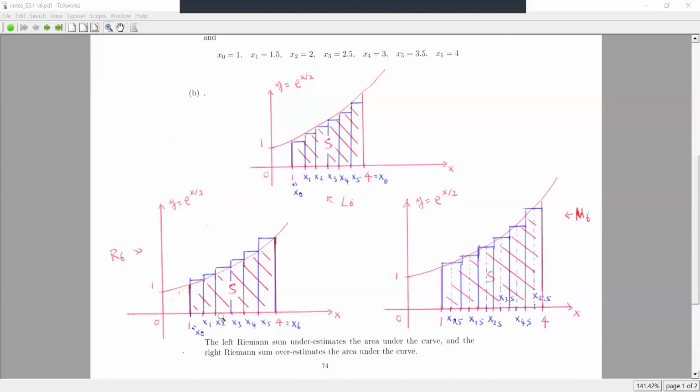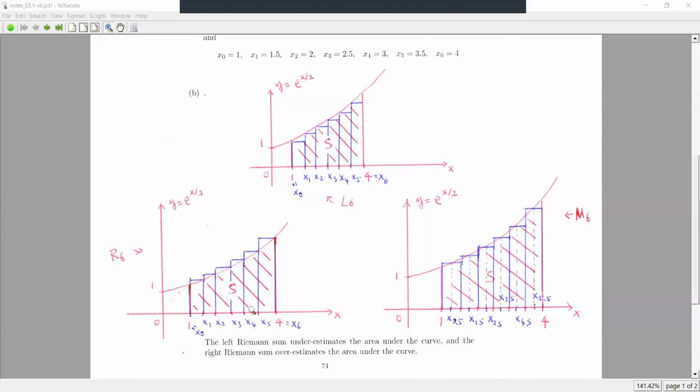Over the second subinterval, I use the function value at the right endpoint x2 as height to build a rectangle, and so on. The sum of the areas of these 6 rectangles is the right Riemann sum. The notation is R6. Again, R means use function values at right endpoints to build rectangles.